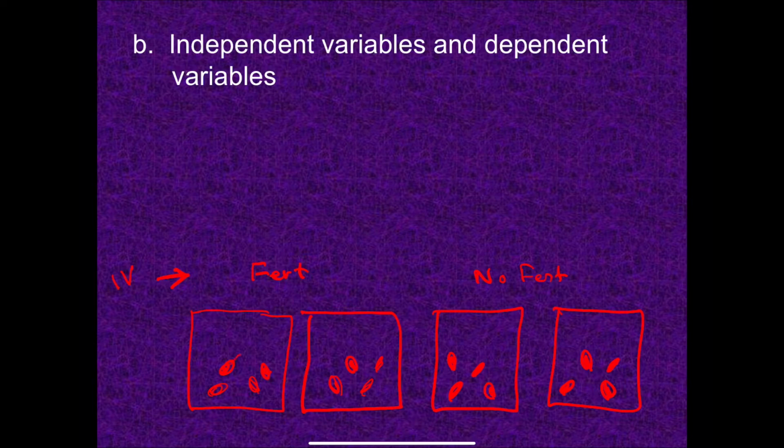What might change is the number of mussels. Some of them might die, right? Because of your experiment. And maybe they don't, maybe only one dies in the fertilizer. So the number of mussels is also a variable in this experiment, but this is dependent on whether or not you added fertilizer, hopefully. So this is going to be your dependent variable.